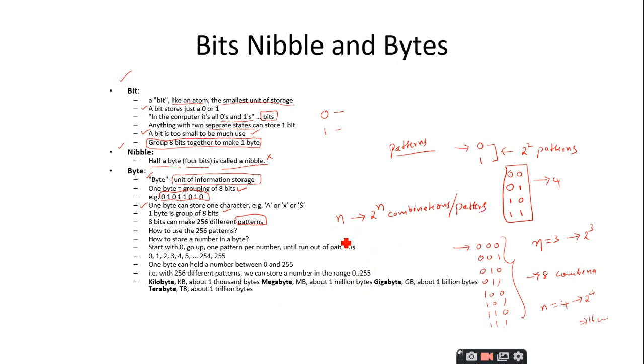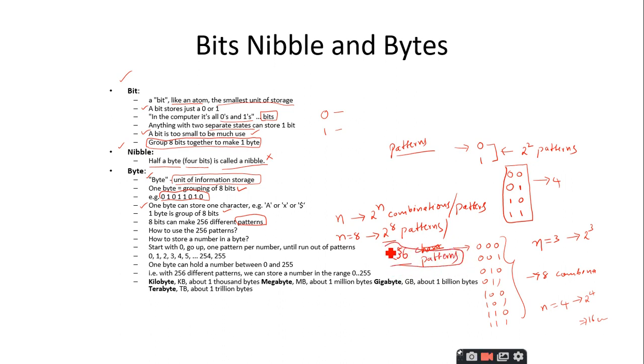Let us take this example only. n is equal to 8 I am taking. So how many combinations do you have? 2 power 8 patterns. 2 power 8 represents 256 characters or 256 patterns, you can say. So if it is 256 patterns, what does this mean?